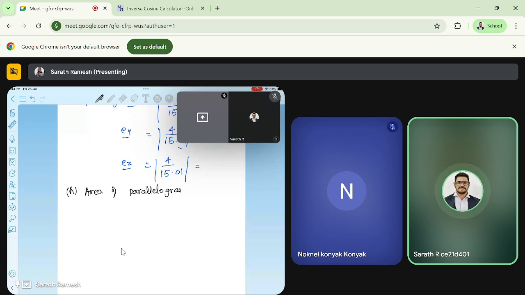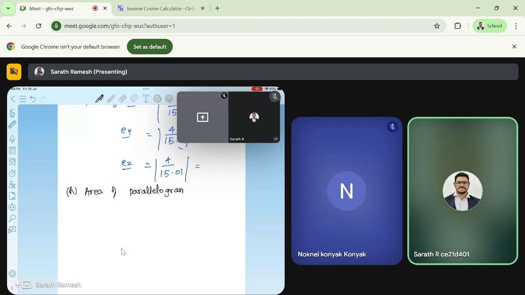The area of a parallelogram whose sides are A and B is nothing but the modulus of A cross B. We have already found A cross B, and also the modulus of A cross B from the previous question. It is nothing but 15.01 square units, as it is an area, right?